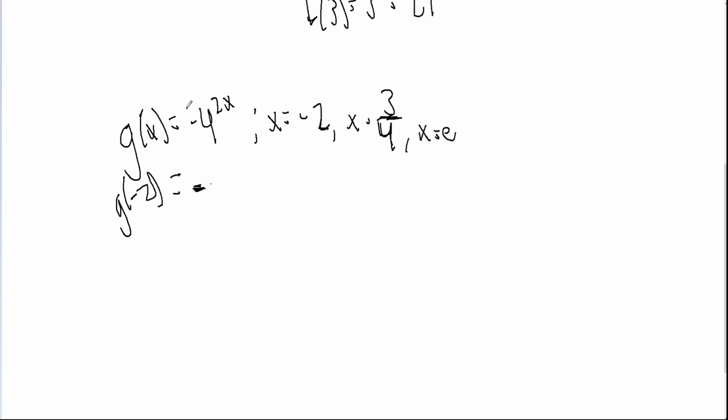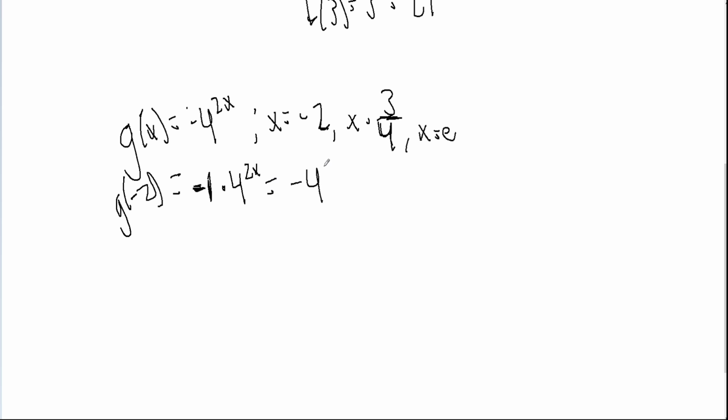What I mean is that it's not included. If it were included, we would have parentheses surrounding this -4, but that's not the case. So really, it's like we're doing -1 times 4 raised to the 2x power. For all of our answers, we'll end up having a negative number.